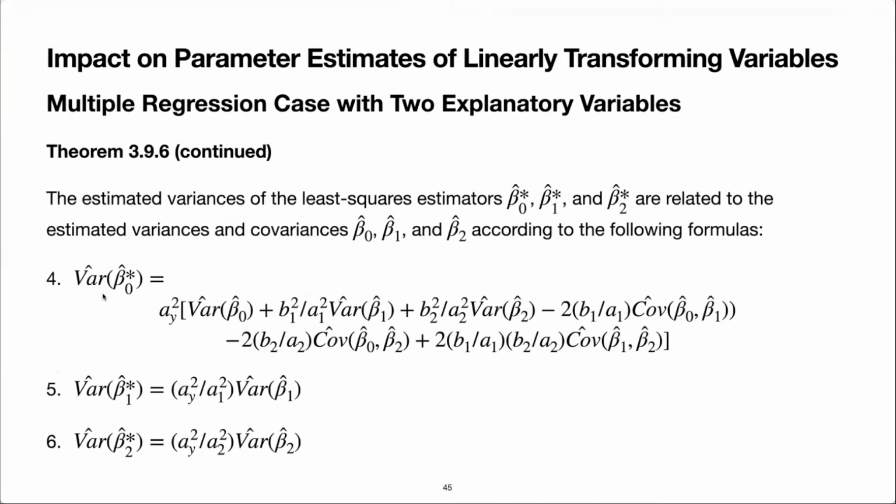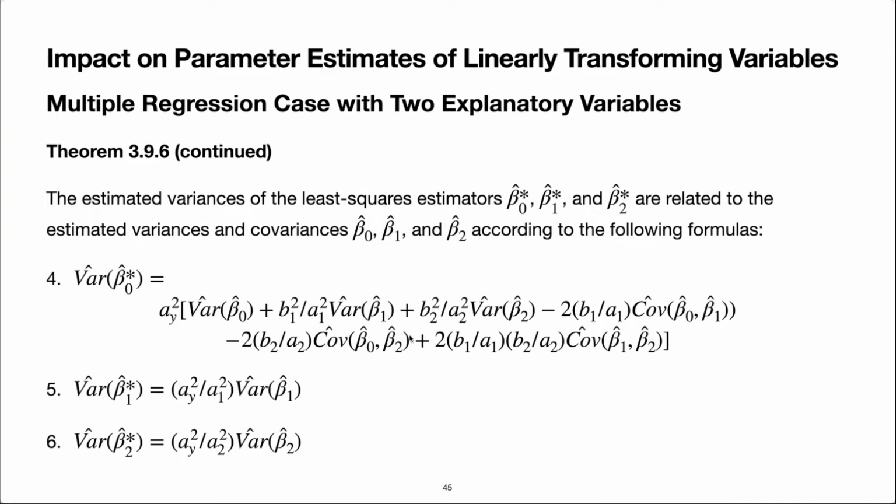The estimated variance of beta 0 star hat involves the estimated variance of beta 0 hat, the estimated variance of beta 1 hat, the estimated variance of beta 2 hat, as well as the estimated covariance of beta 0 hat and beta 1 hat, the estimated covariance of beta 0 hat and beta 2 hat, and the estimated covariance of beta 1 hat and beta 2 hat.